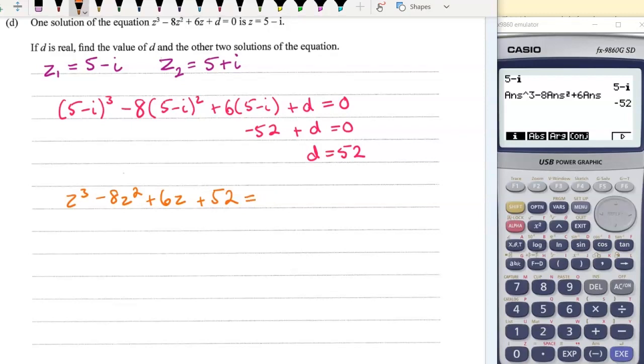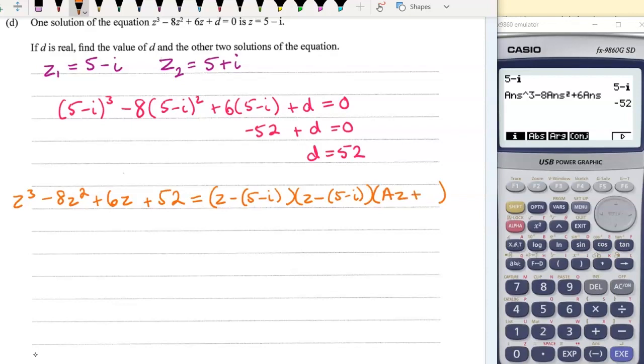We're setting it equal to 3 factor brackets. Actually, I'll just move that over ever so slightly. We know this will factorize into 3 factors. The first factor is z minus the first root. The second is z minus the second root. And the third is something, az plus a third piece here, to be able to make up that factor bracket.